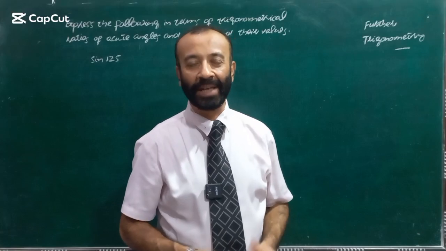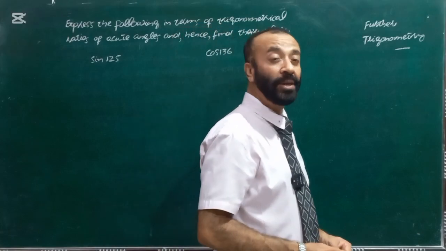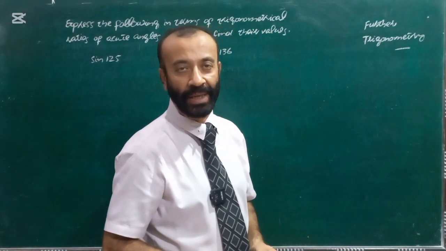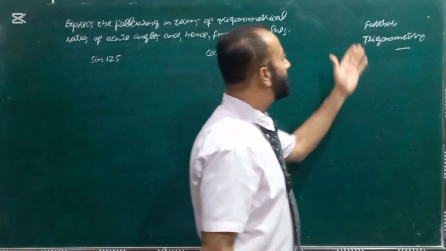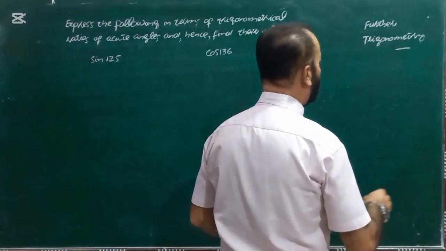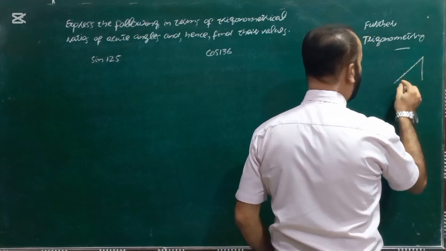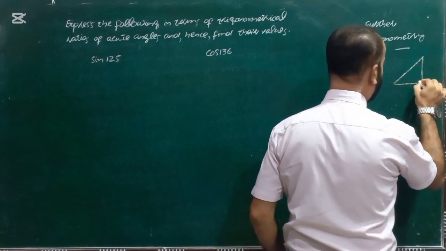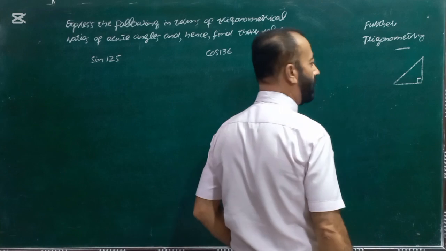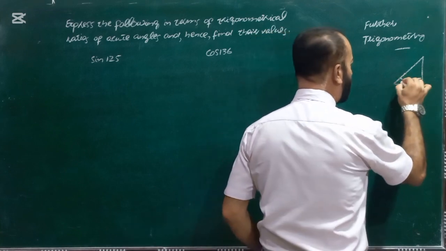Good morning, students. Our today's topic in the subject of Mathematics D3 in the class of O level is Further Trigonometry. So concentrate yourself. Suppose this is a right angle triangle. Suppose here is theta.